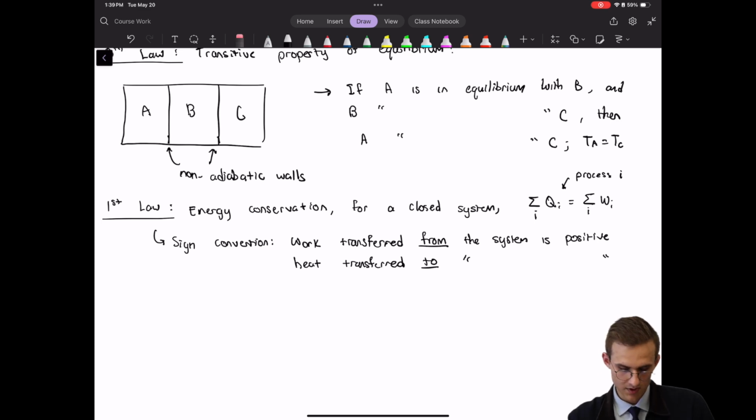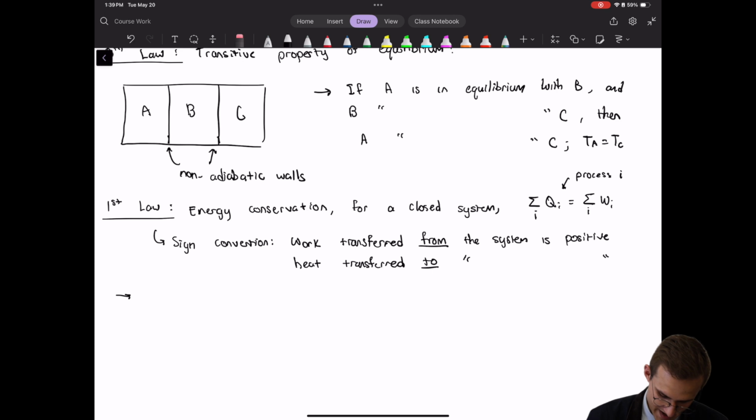Okay. So if you're ever confused, come back to those two sentences to convince yourself that you have the signs right.